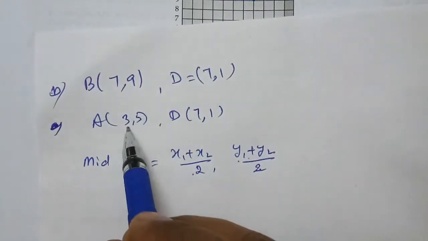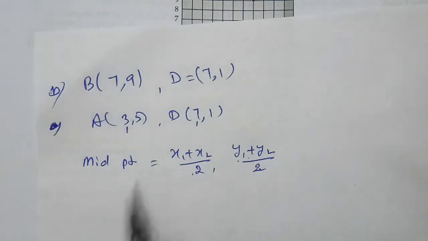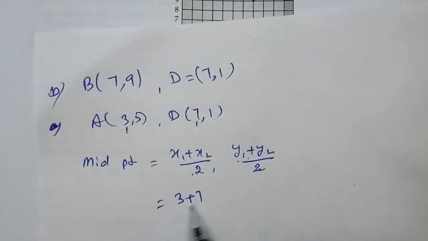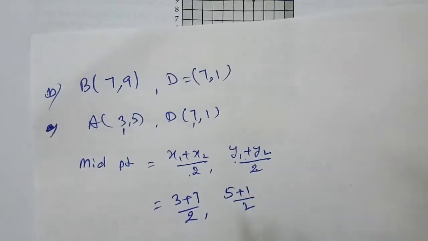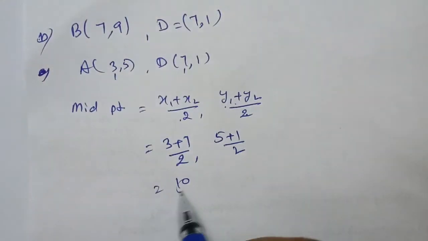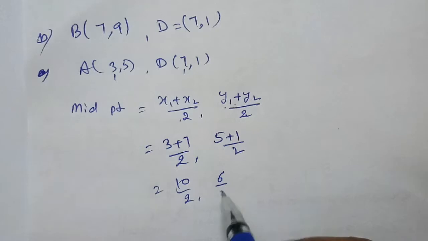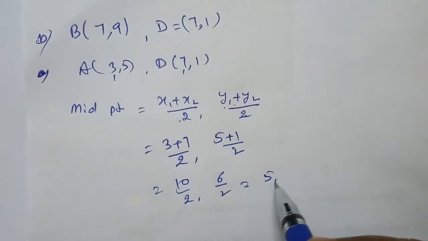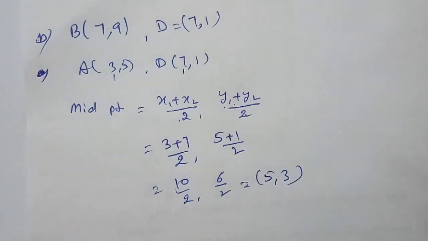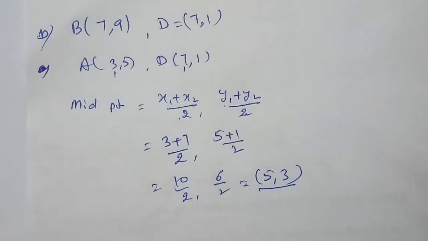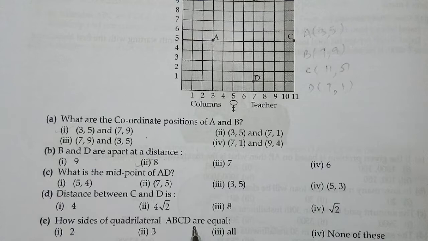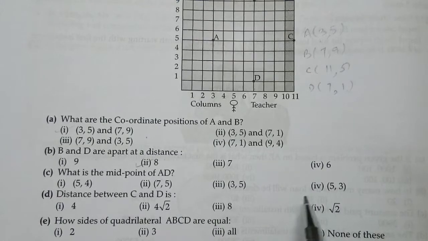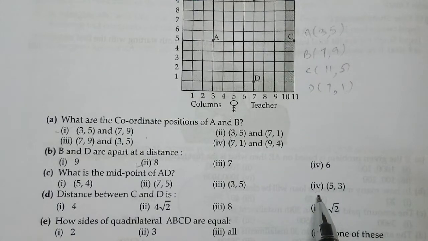Here x1 is 3 and x2 is 7, so 3 plus 7 by 2, and y1 is 5, y2 is 1, so 5 plus 1 by 2. It becomes 10 by 2 and 6 by 2, which equals 5 and 3. So the midpoint of AD is 5, 3, which is the fourth option.